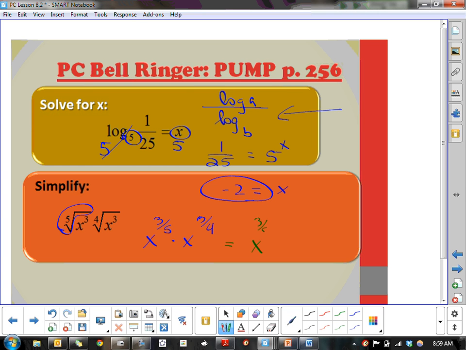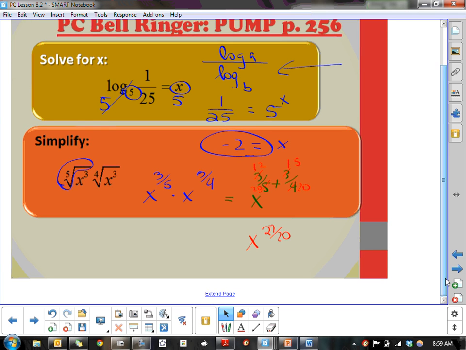So 3/5 plus 3/4, your common denominator is 20. So that changes the 3 to a 12, changes the 3 to a 15, which means our exponent is x raised to the 27/20ths.